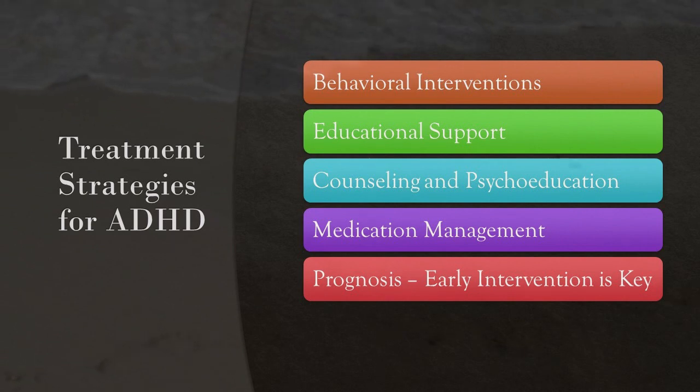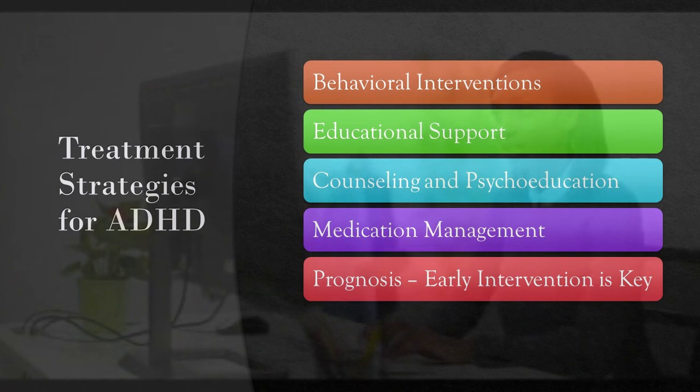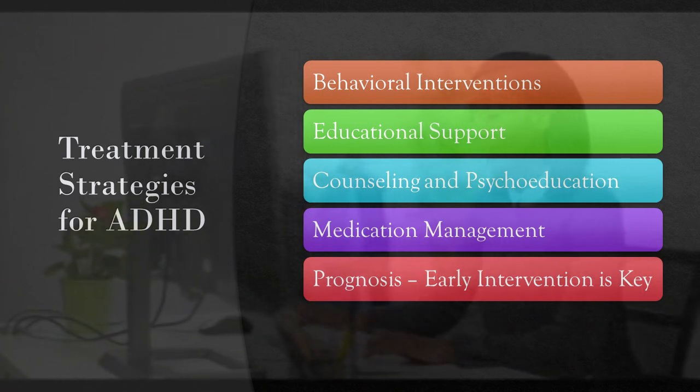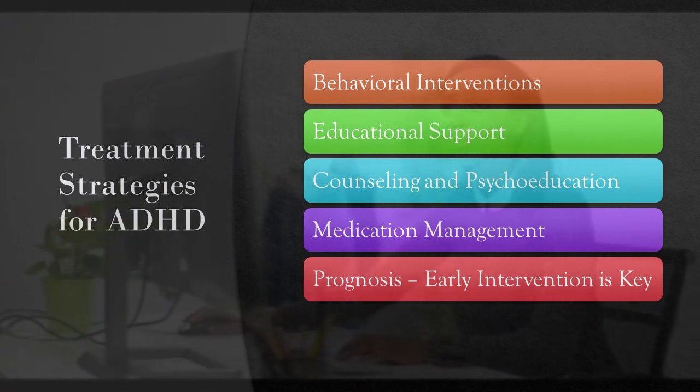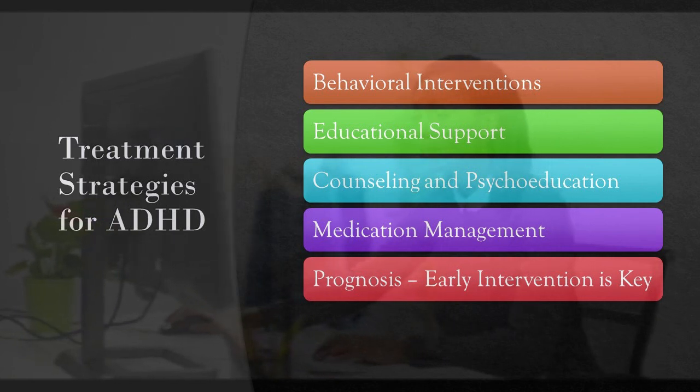The thing to be mindful of is that research has shown that the impact of ADHD upon life is really pervasive. It touches on domains like academic achievement, social interaction, emotional well-being, family dynamics.